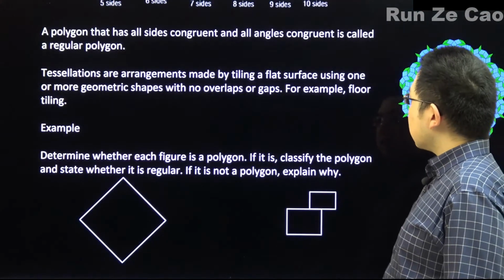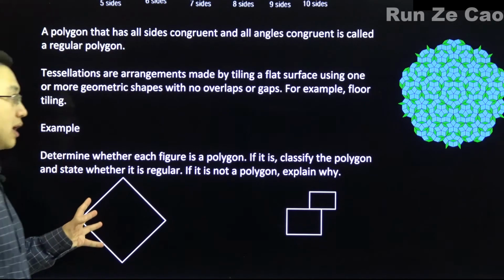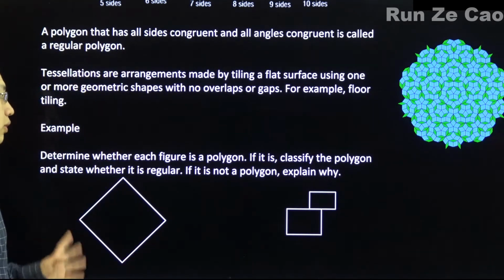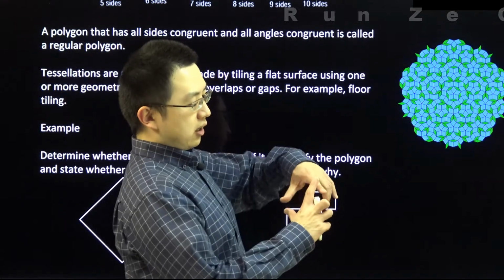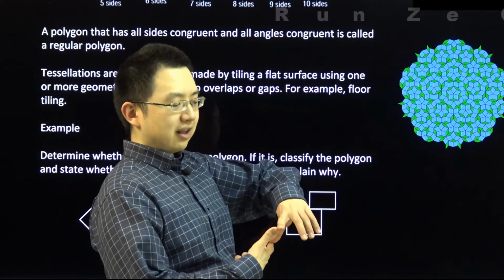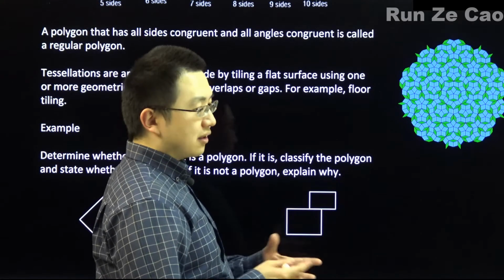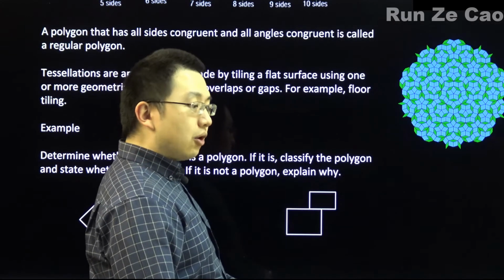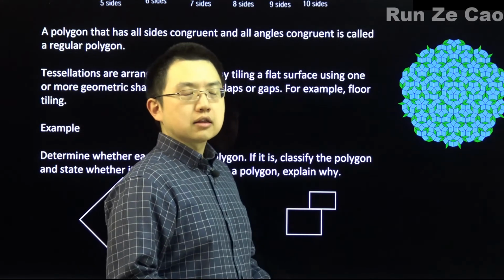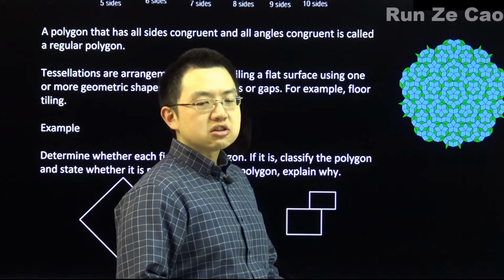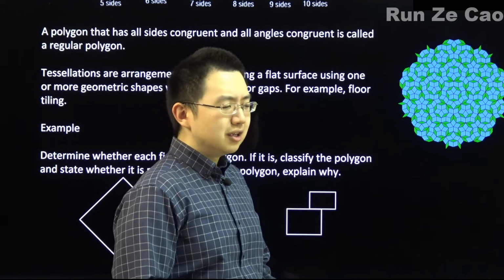Now, the tessellation is an arrangement that's made by tiling a flat surface using one or more geometric shapes. There are no overlaps and there are no gaps. Floor tiling, whether it be simple squares, because come on, square tiling is pretty common, or rectangles, or even triangles, or hexagons, those are tessellations as long as they have no overlaps or gaps. Yes, I know that there is caulking and cement and stuff between square floor tiles, but details, guys.